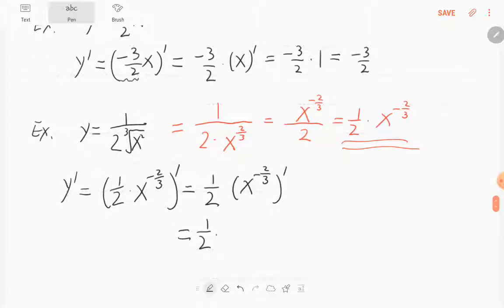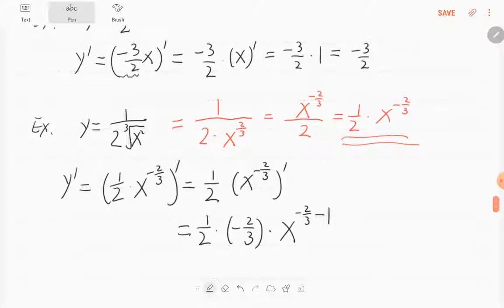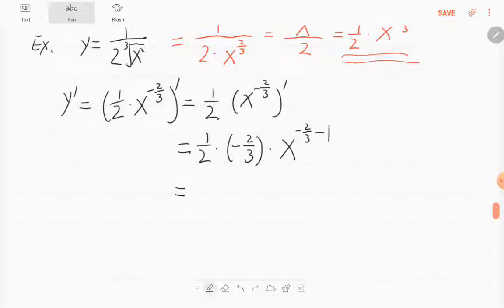This is 1/2 times -2/3, bringing down the power, times x to the -2/3 minus 1. Then 1/2 times -2/3 is -1/3, times x to the -5/3. So this would be your result. If we have these basic rules, we can find the derivative quickly.